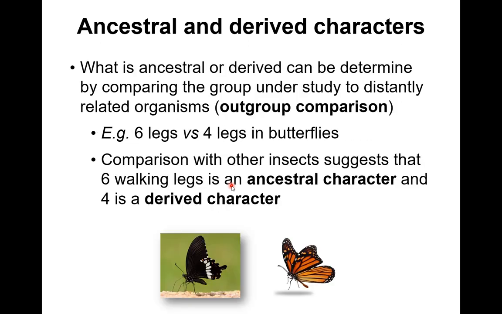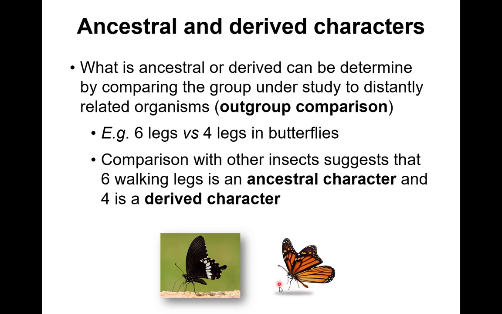Another way to do it is by looking at what we call an outgroup comparison. For example, you're now looking at two types of organisms that are very closely related to each other, like these butterflies. Okay, there are two types of butterflies. They're very closely related from an evolutionary point of view, but some of them have 6 legs, and some other ones still in reality have 6 legs, I must say.